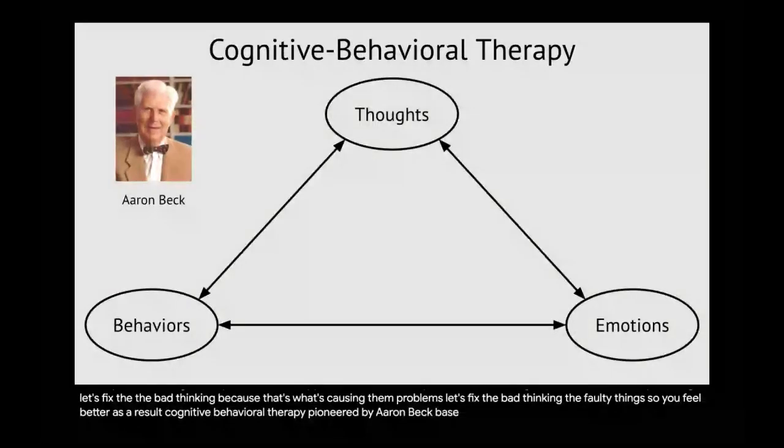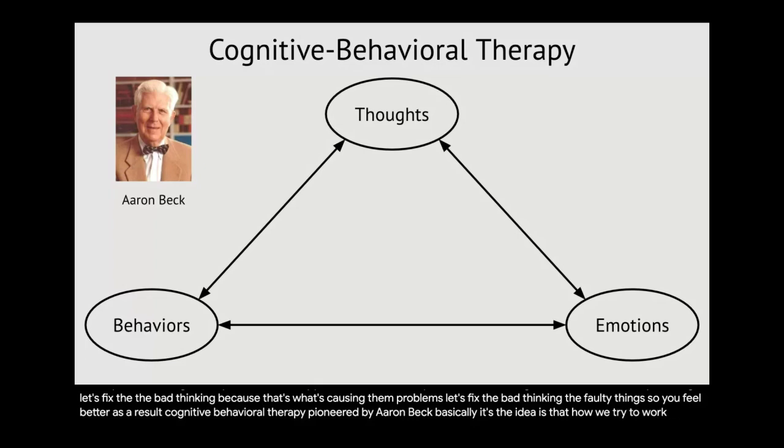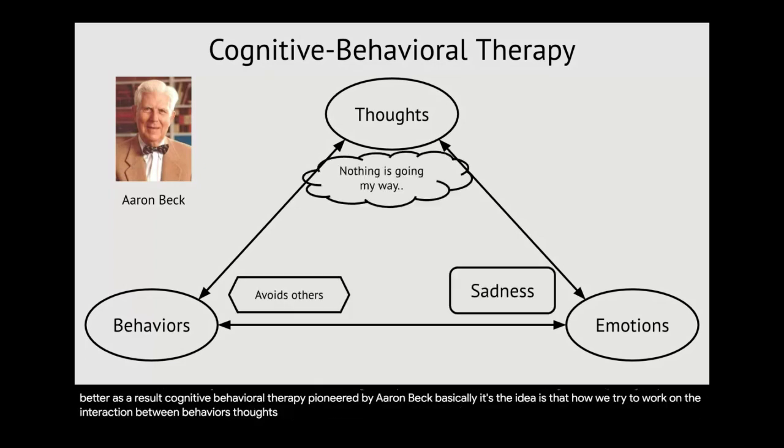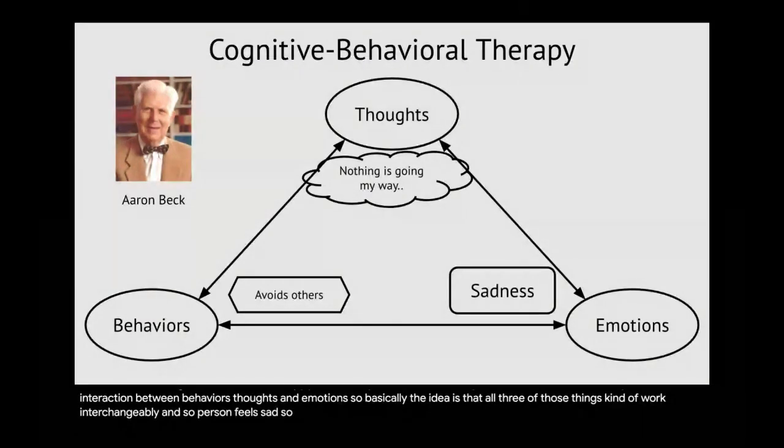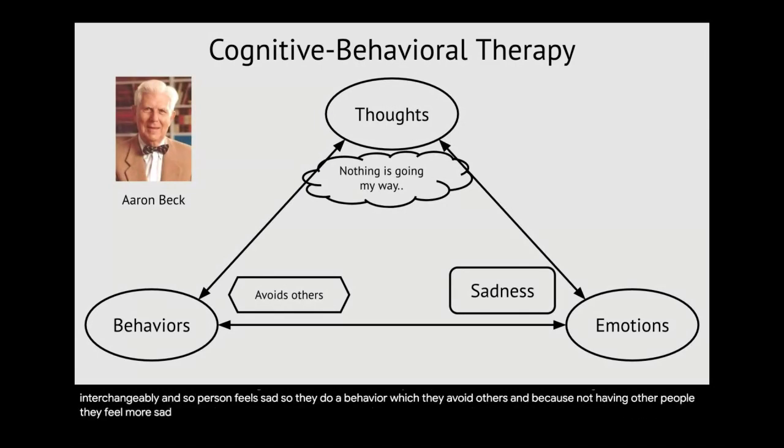Basically, the idea is that we work on the interaction between behaviors, thoughts, and emotions. So all 3 of those things work interchangeably, and so a person feels sad, so they do a behavior in which they avoid others. And because they're not talking to other people, they feel more sad. Because they're sad, they say, gosh, I feel horrible, I'm terrible.